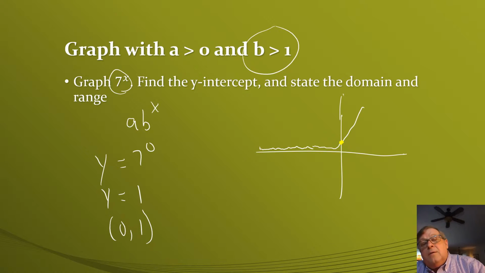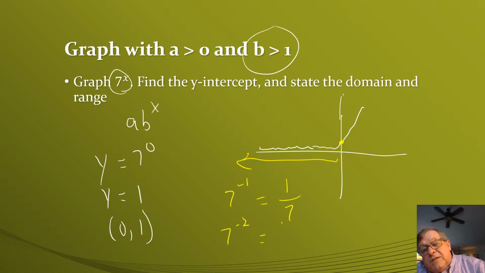Now, what about the domain? Well, once again, as x is going out here to negative infinity, we're getting really, really close to 0, but we're not ever going to go below 0. And let's think about why that is. Let's say that I've got 7 raised to the negative first power. Well, we know by now that that also is equal to 1 over 7. That's still a positive number. That's not a negative number. What about if I've got 7 raised to the negative 2 power?